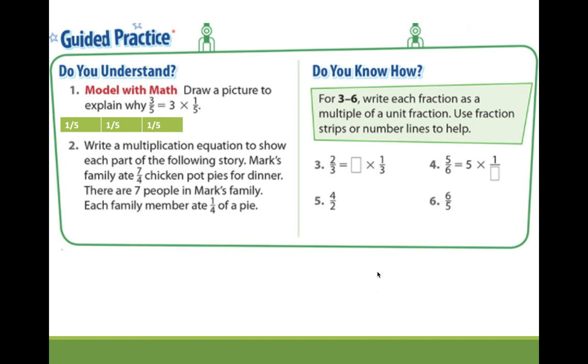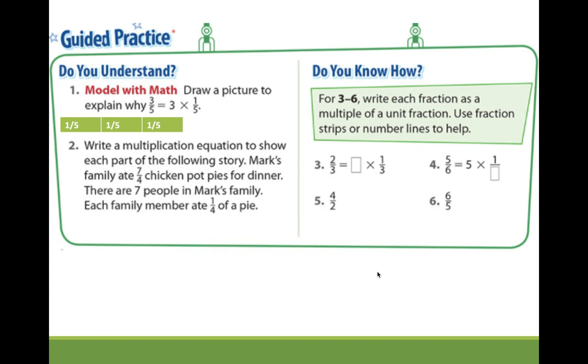So write a multiplication equation to show each part of the following story. Mark's family ate 7/4 chicken pot pies for dinner. There are 7 people in Mark's family. Each member ate 1/4 of the pie.